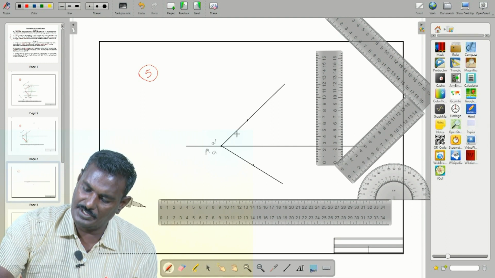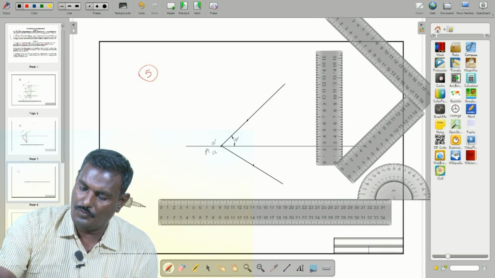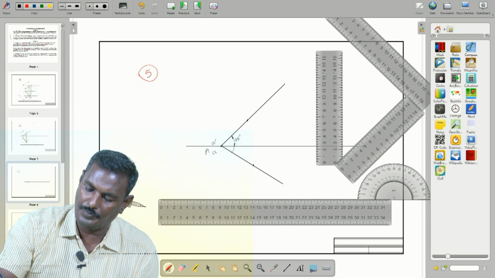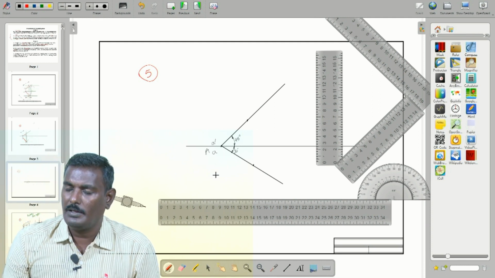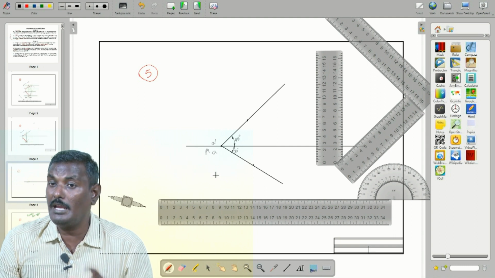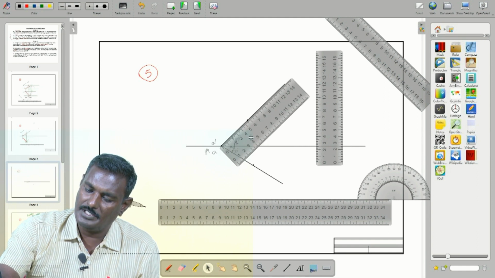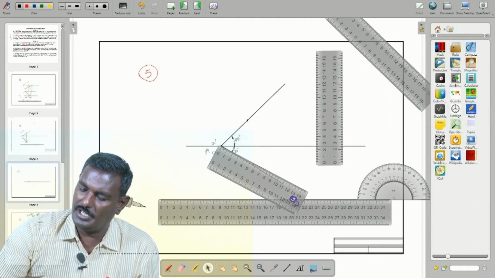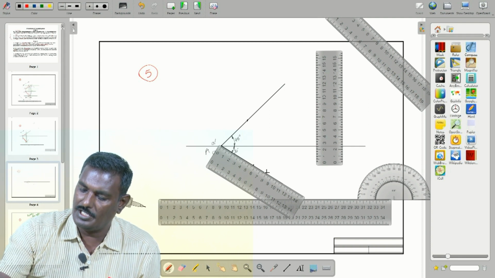This gives 45 degree, and this gives 30 degree. That is given in the problem, but the plan is given 80 mm long. So, take the scale, place it over here, rotate, and mark 80 mm on this.